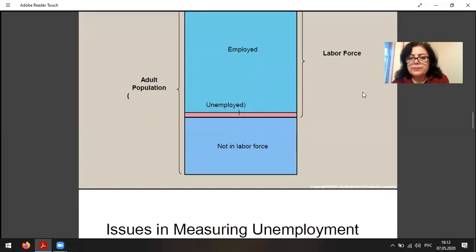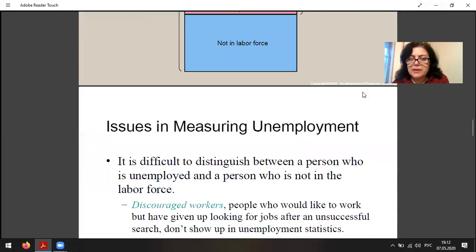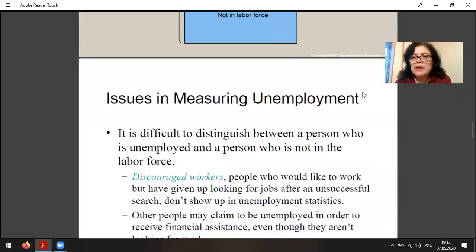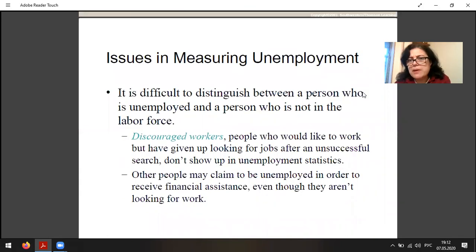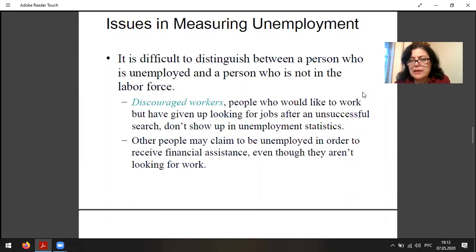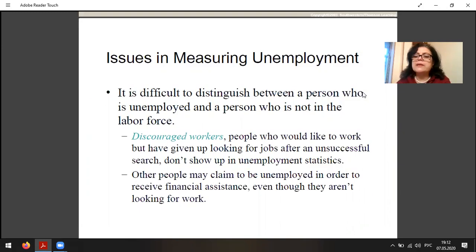Well, let's continue. So there are some issues concerning the measuring of unemployment. If you remember the previous lesson, when we started, I mentioned that it's very, very hard to distinguish among the purely unemployed and the other type of people who don't work.